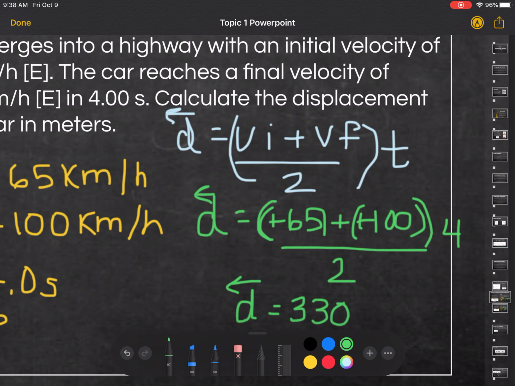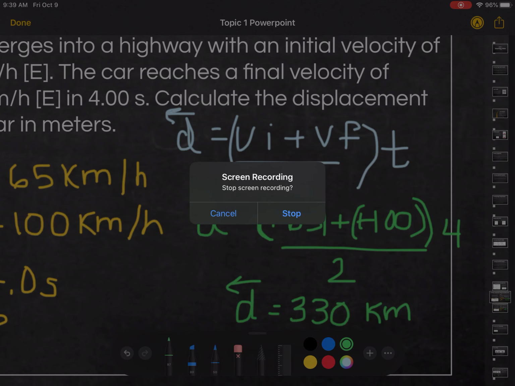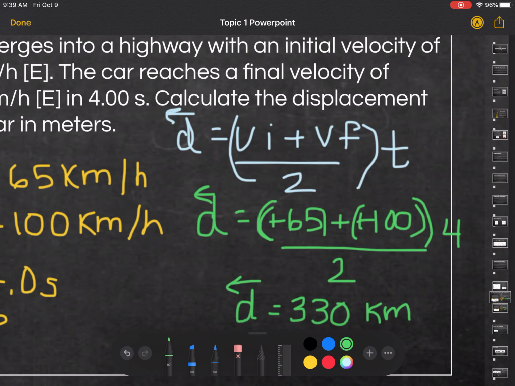So our displacement is 330 kilometers. Okay. So that's how you would use that formula.